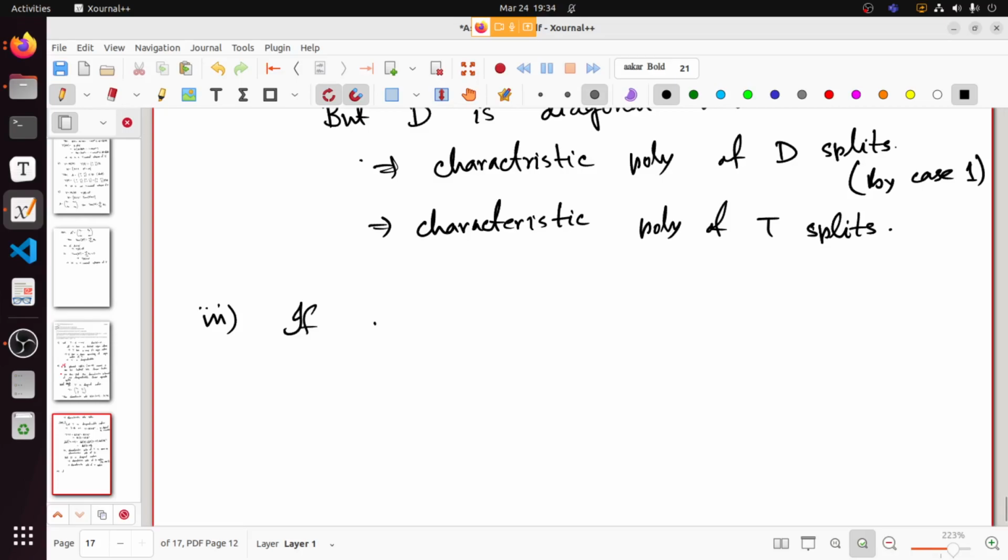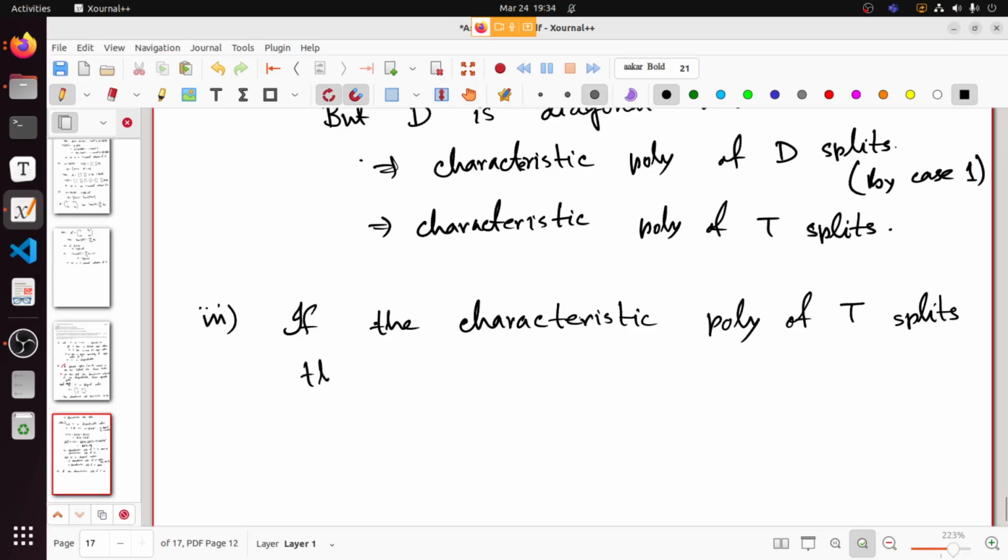So if the characteristic polynomial of T splits, then T may not be diagonalizable.